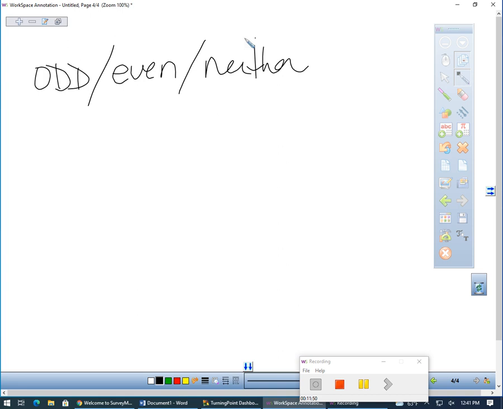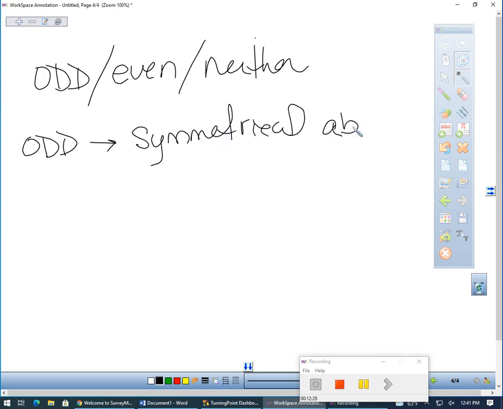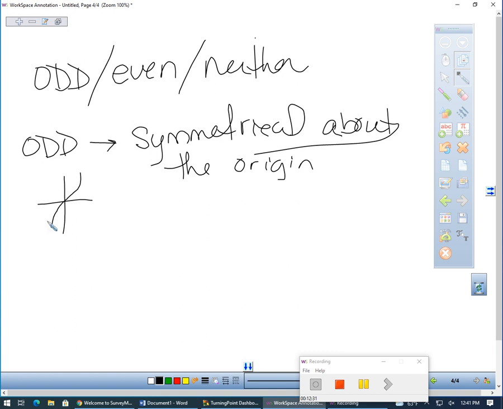Just to remind you, if a function is an odd function, and I want to talk about symmetry first, it is symmetrical about the origin. So, for example, if I have a graph that does this, if I can take my graph, turn it 180 degrees around, and it looks exactly the same, it's odd.